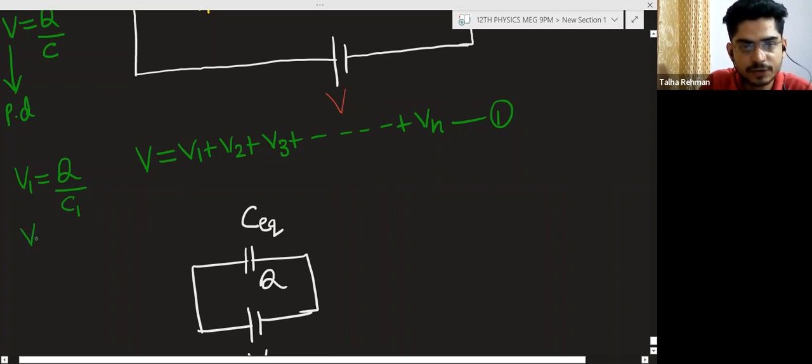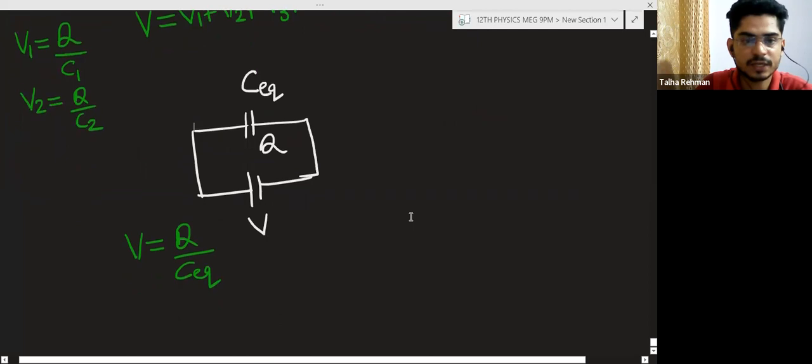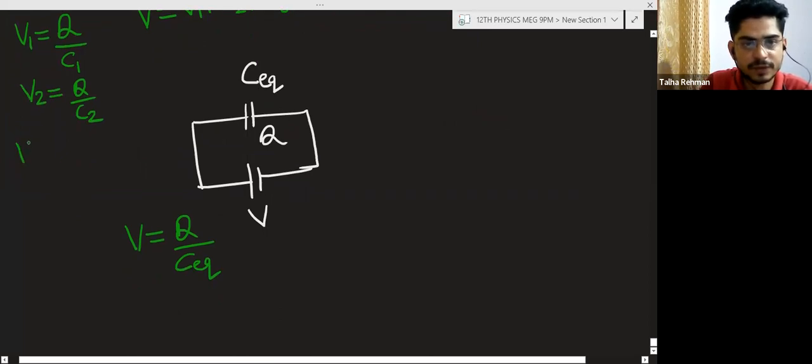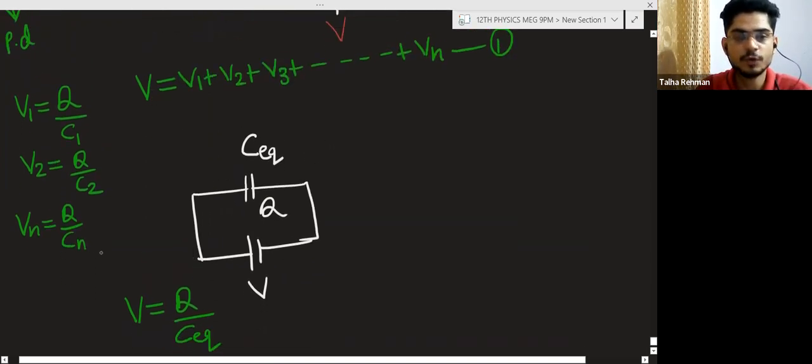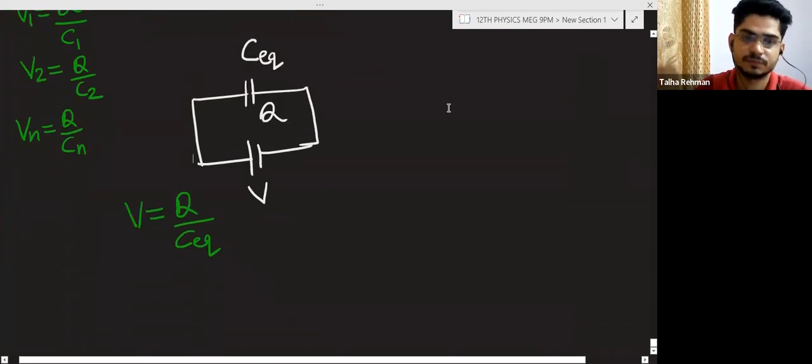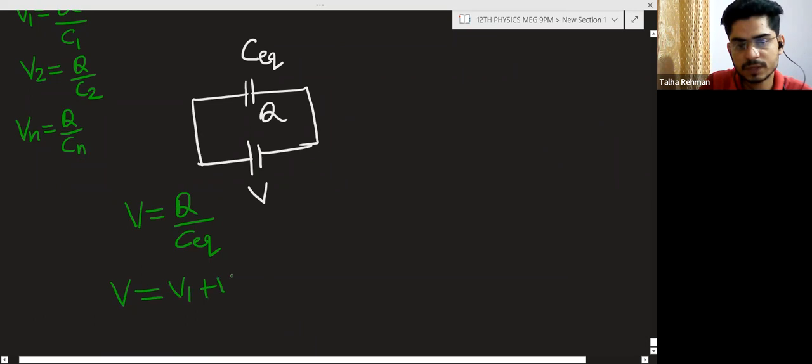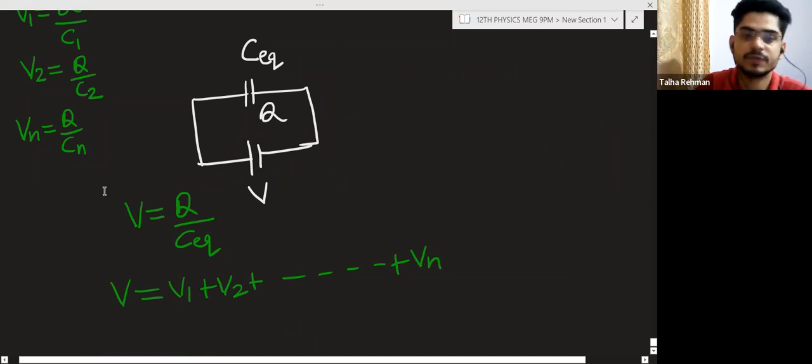Accordingly, V2 is Q by C2, and accordingly V3, V4 and Vn is Q by Cn. Now put V1, V2, V3 in this equation: V equals V1 plus V2 plus Vn.